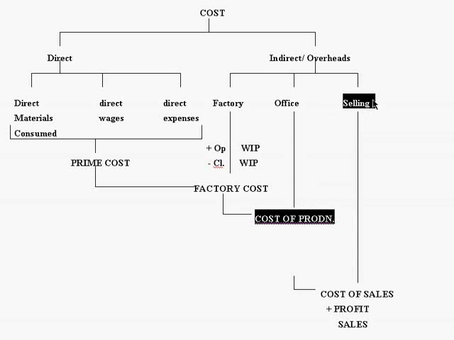Whatever you want to do, how can you do it directly? Cost of production relates to units produced, whereas selling expenses relate to units sold. So how can you add them directly? So first I should convert this cost of production to cost of goods sold.